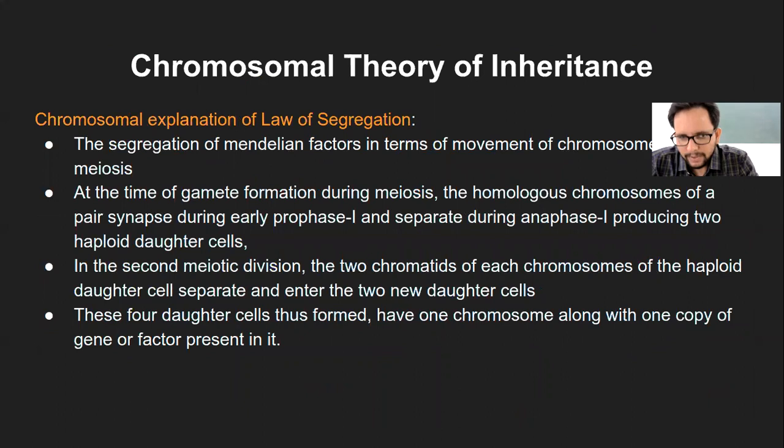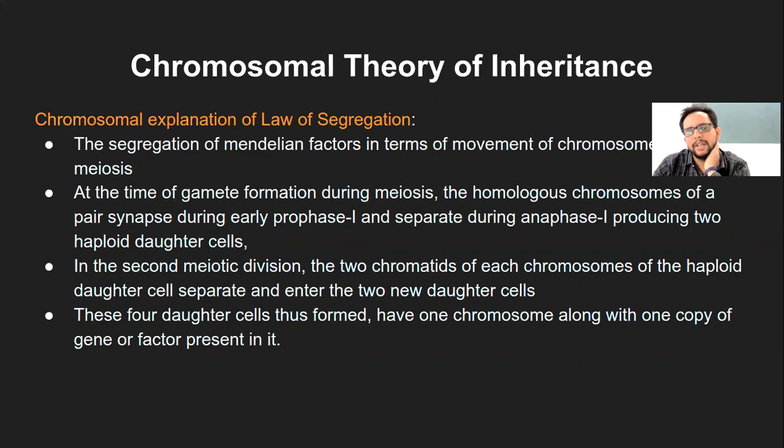Okay. Now, once this theory was put forward, how did it help in establishing the law of segregation, the law of independent assortment, and so on? How is the chromosomal theory helping in the explanation of the law of segregation?